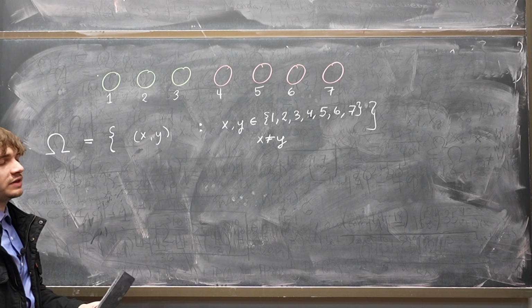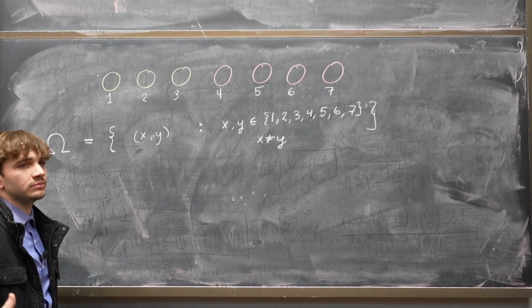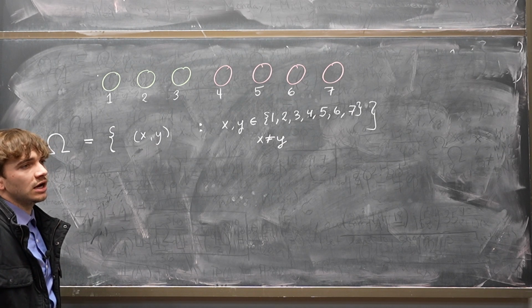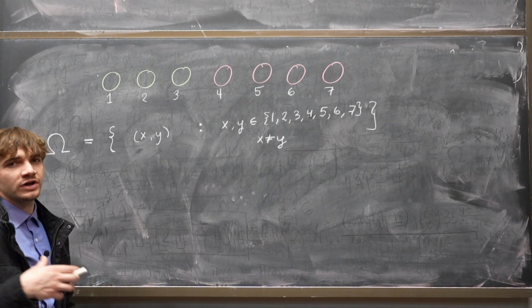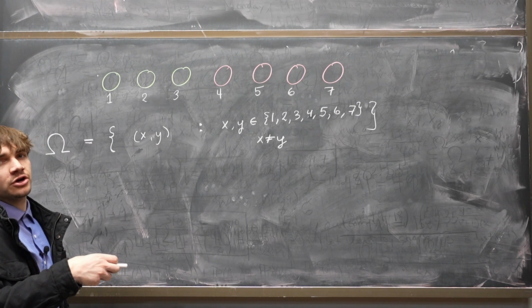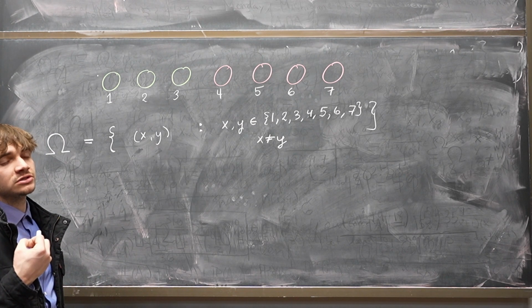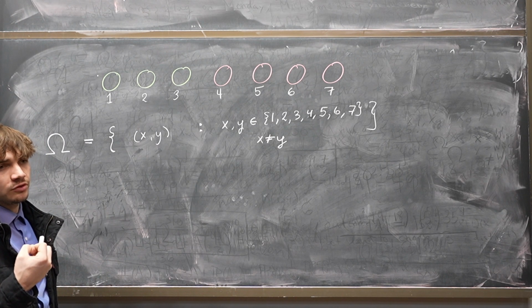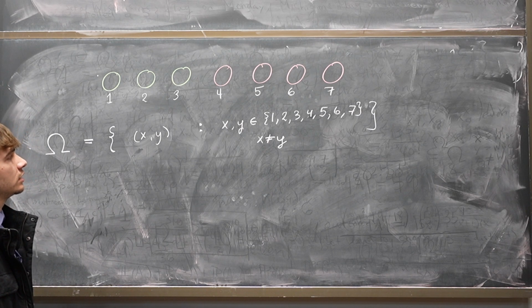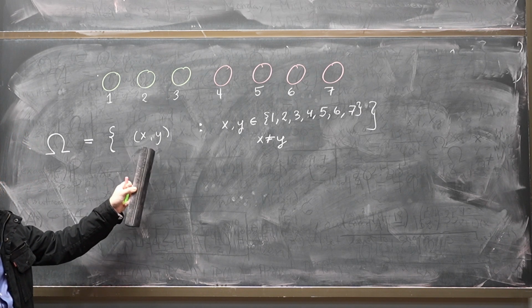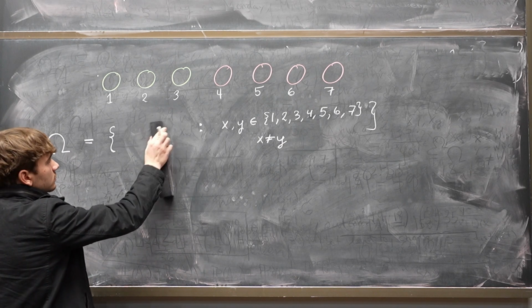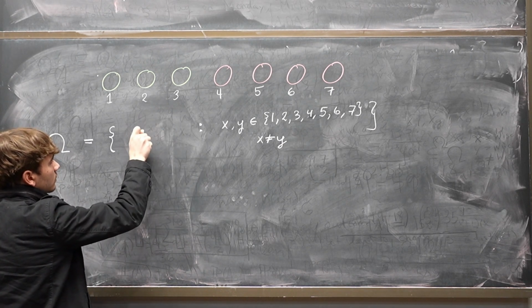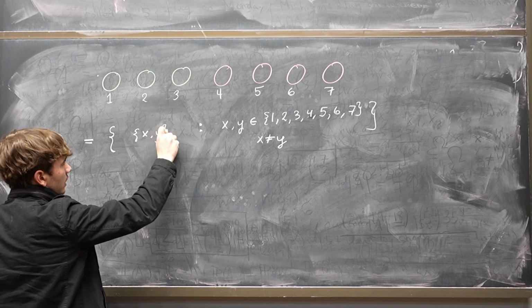But in this stage, I'm going to assume that I'm choosing the balls at the same time. So I'm basically just reaching into the urn and choosing 2 of the balls randomly, and so there's no order on this set. So I just have a set {x, y}.